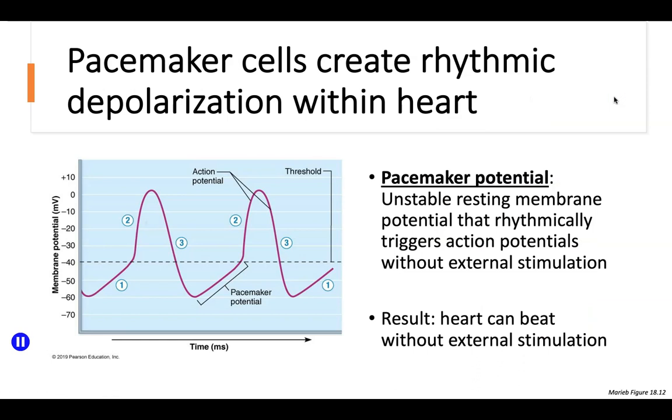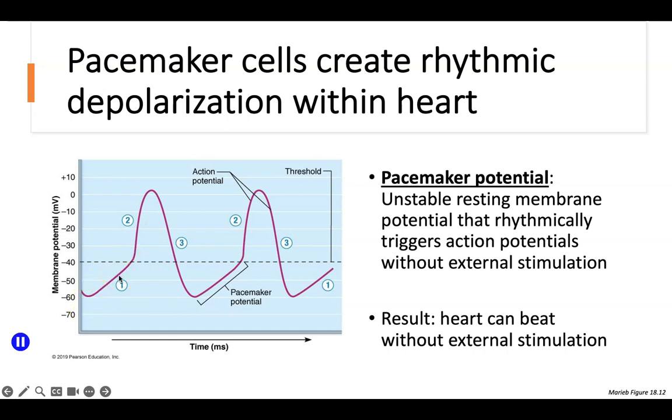So here is a tracing from that. We're looking at changing membrane potential over time. And what you see here is something called a pacemaker potential. That can be defined, and it is in your textbook, as an unstable resting membrane potential that rhythmically triggers action potentials without any external stimulation. So within that 1% of conducting cells that are the pacemaker cells, this is just happening.